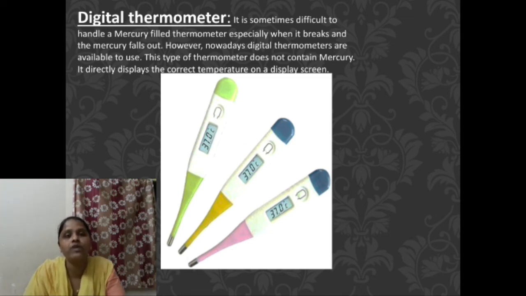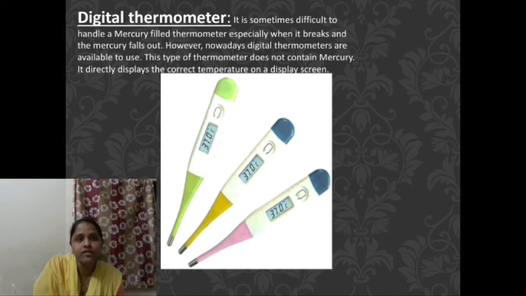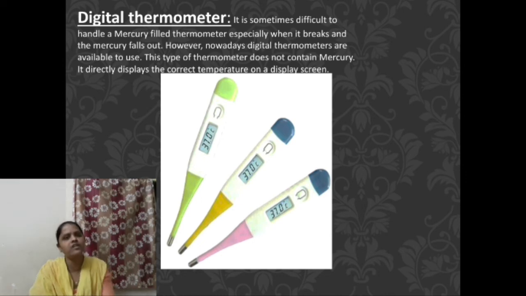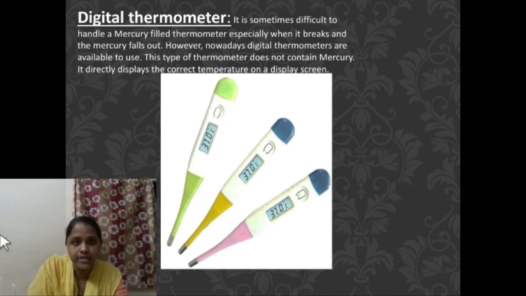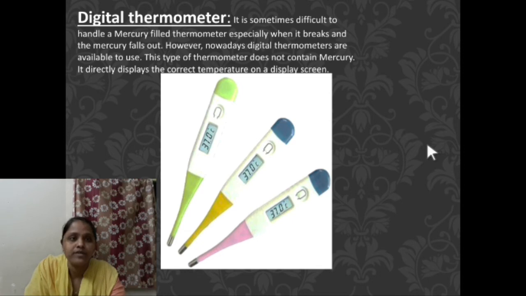That's why nowadays we use the digital thermometer. This type of thermometer does not contain mercury. It directly displays the correct temperature on a display screen. There is no other scale. When we put this type of thermometer in our mouth, it directly shows our correct body temperature. Okay, this is the fourth type of thermometer.